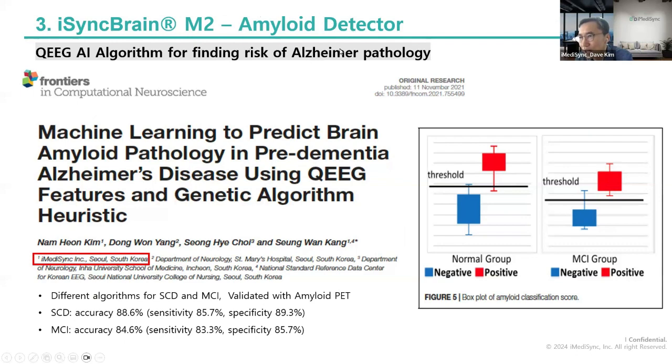When people have amyloidopathy, they can have a specific EEG pattern. Before going to the very high cost amyloid PET imaging, we can screen out the possible amyloidopathy population. We can call it Alzheimer's disease. We can screen the Alzheimer's disease population using a quick 5-minute scan.